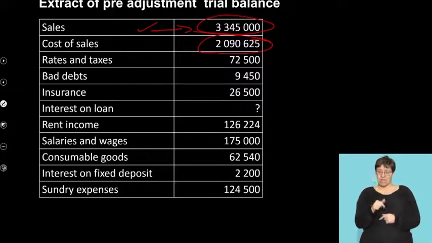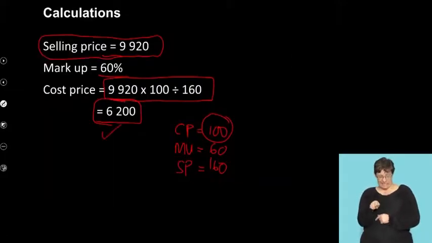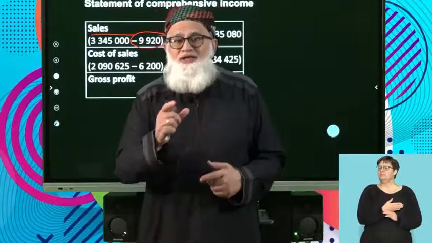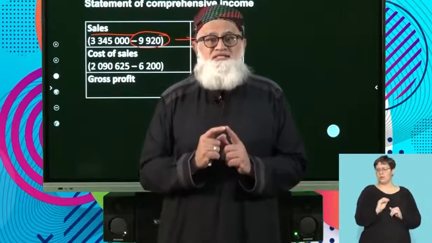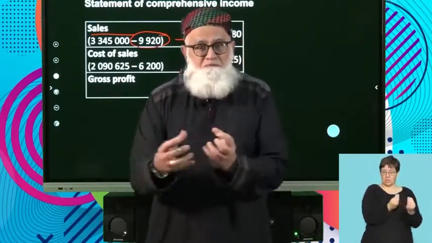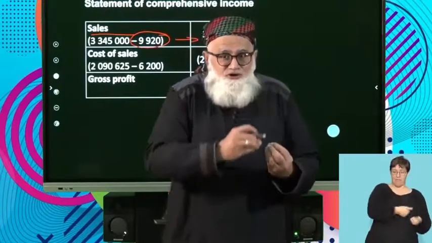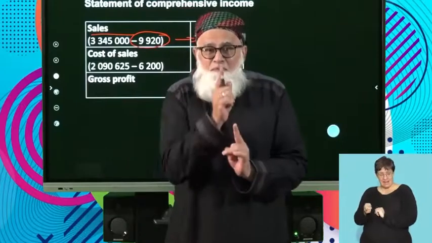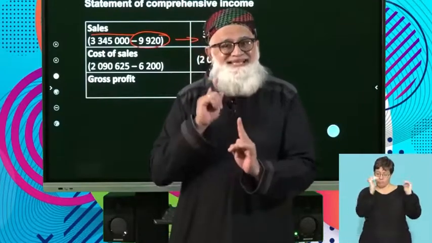Watch the cost price, which I calculated. Remember, 6,200. You remember my calculation? Here it is. And what do I do with it? What's the entry for my cost price? Look at the accounting entry, which will then make sense to you. It's a debit to trading stock, the goods coming back into our business, and a credit to my cost of sales. Therefore, my operation in my bracket is critical.